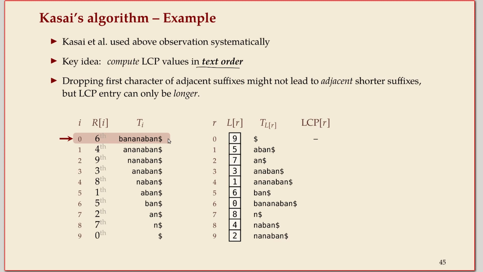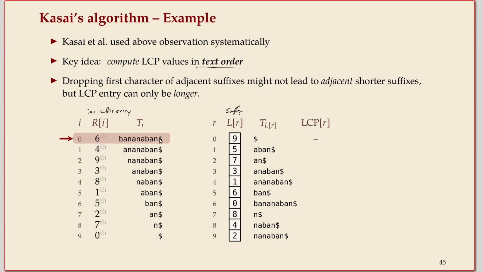Now, what LCP value entry corresponds to the entire text? For that, we need not just the suffix array, but also the inverse suffix array. But remember, computing one actually in the DC3 algorithm meant computing both anyways. And in case we only have the suffix array, we can always compute the inverse suffix array easily from that.